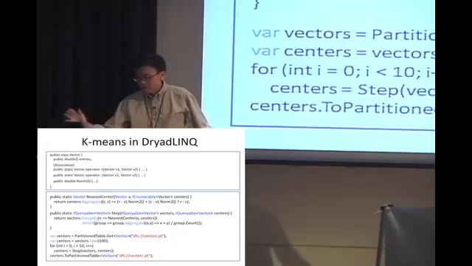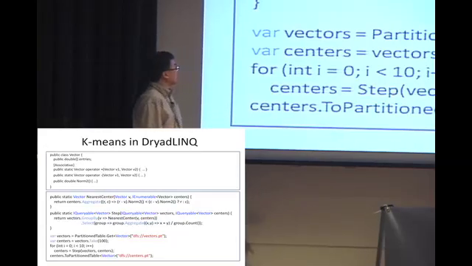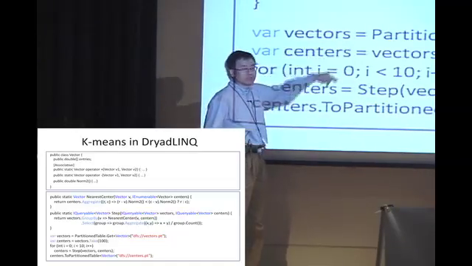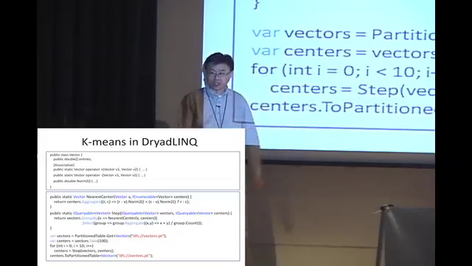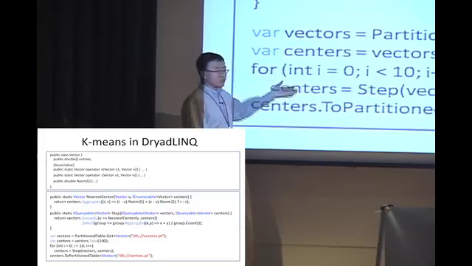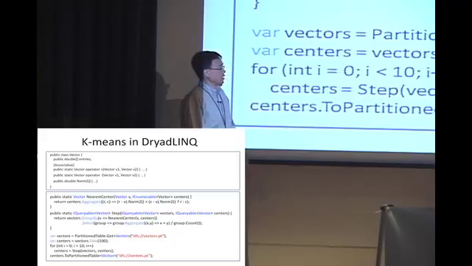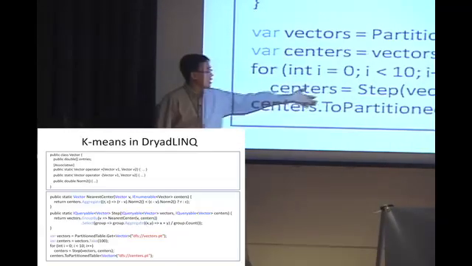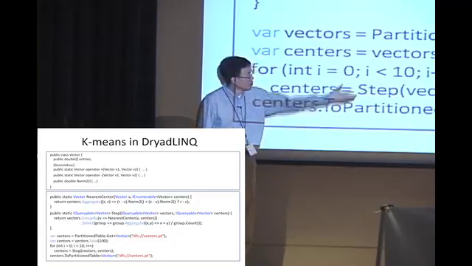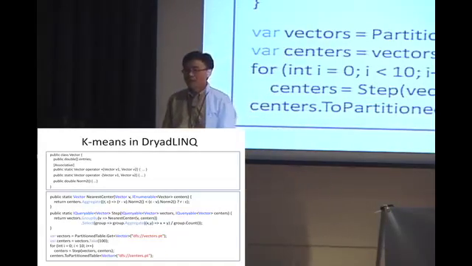In the program, I have a partition table that's a sequence of vectors, I choose the first 100 points as candidates for the centers, and then do an iteration on it. After the iterations, I write the centers back to a partition table.